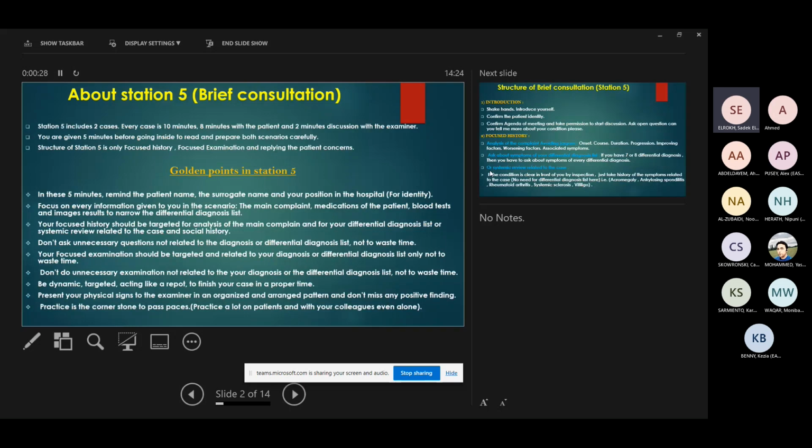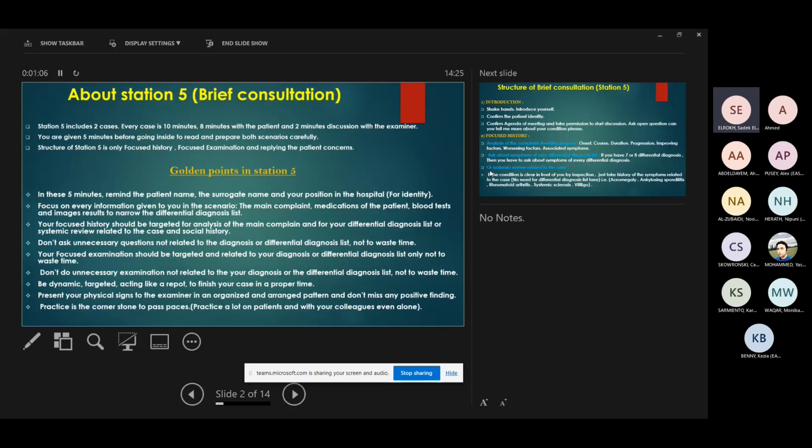These 5 minutes are very important to focus and to know all the information provided to you, because every tiny piece of information provided in the exam means something. It will decrease the differential diagnosis. If you are given a drug history, for example, any medication the patient is taking may be a culprit, and you might need to stop this medication later on when you have the diagnosis. So every piece of the information is important in station 5.